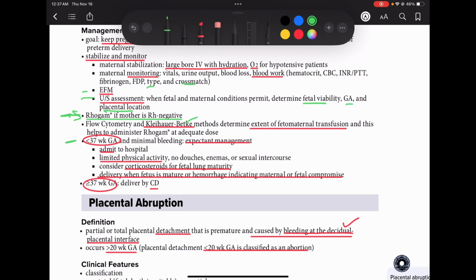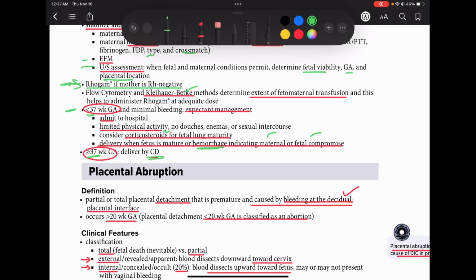If it's less than 37 weeks, you'll go for expectant management: admit, limit physical activity, give corticosteroids for fetal lung maturity, and deliver when the fetus is mature. If there is hemorrhage with any fetal or maternal compromise, just go for delivery. But if it's more than 37 weeks, go for cesarean delivery. Less than 37 weeks, try keeping the baby within the mommy and give corticosteroids.